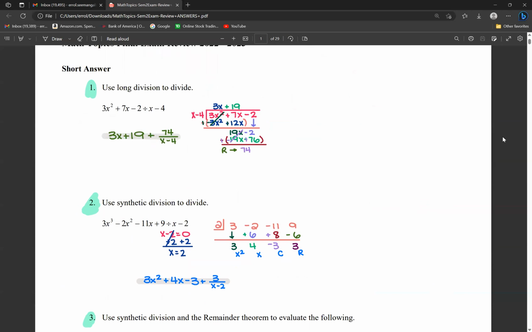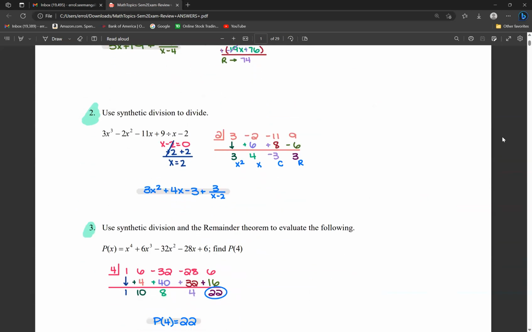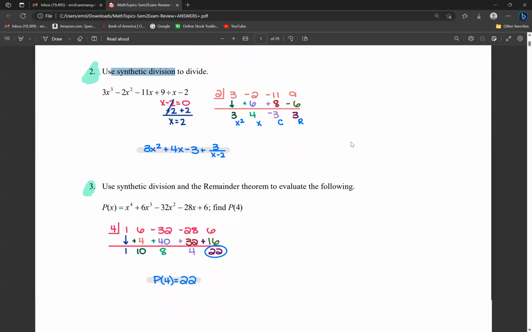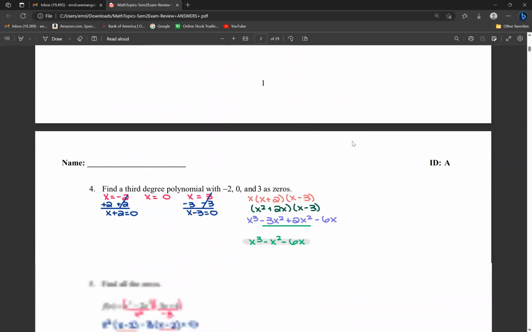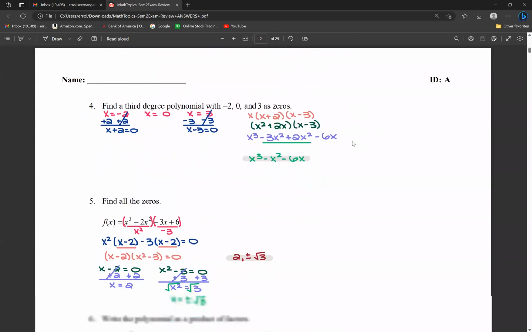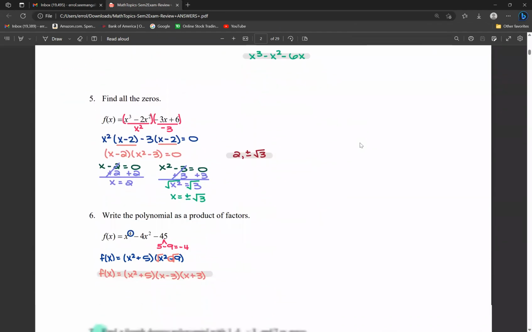Maybe tonight. Well, you're tested tomorrow, right? Maybe right after you and I meet, in the next couple of minutes, go on YouTube and just search synthetic division examples and follow a couple of videos just to get the hang of it. Okay. Once you do a couple more of the synthetic division, you'll really get the hang of it.